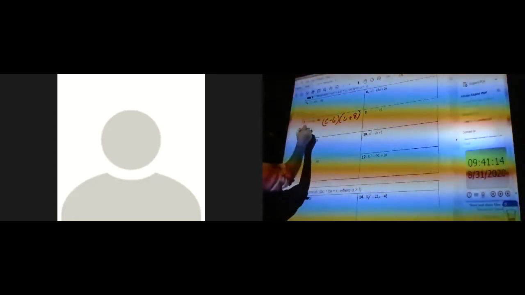Because you were looking for factors of what? 48, and then they had to add together to get 2. Yeah, so negative 48 and had to add to a positive 2. So negative 6 plus 8 would give you a positive 2. Excellent.